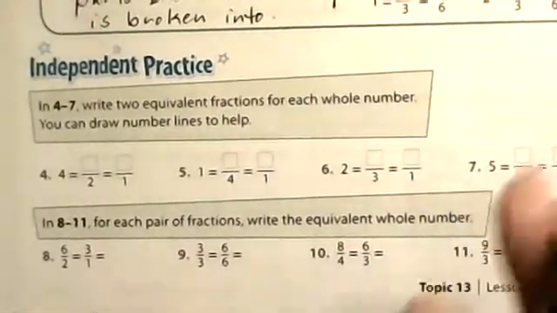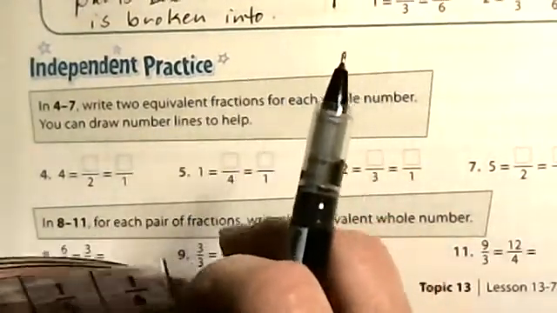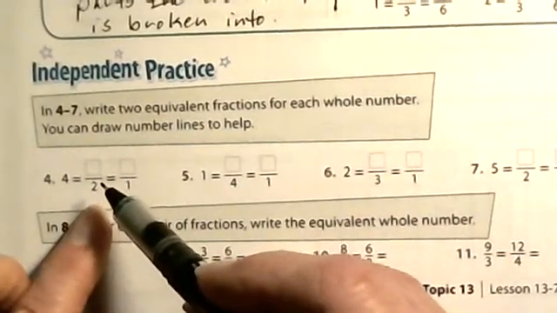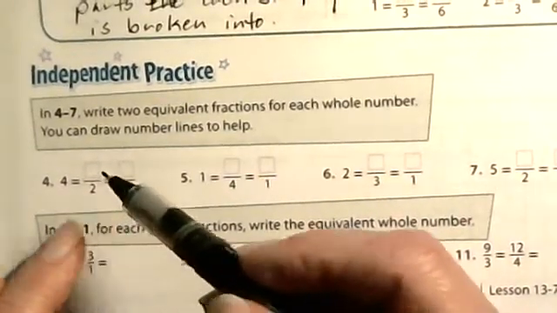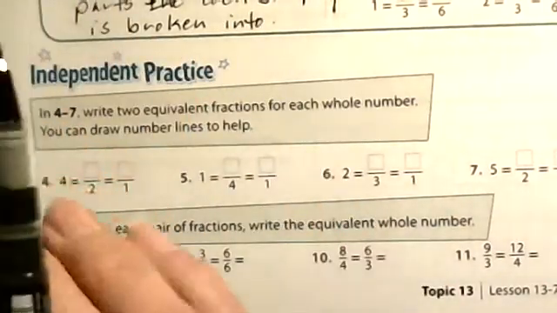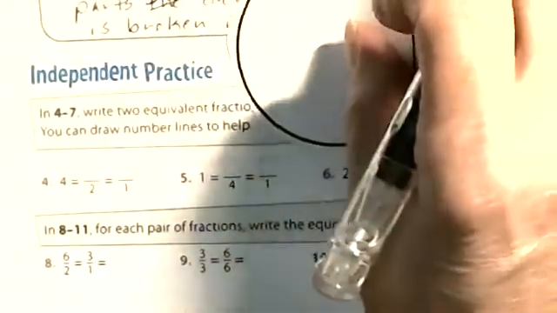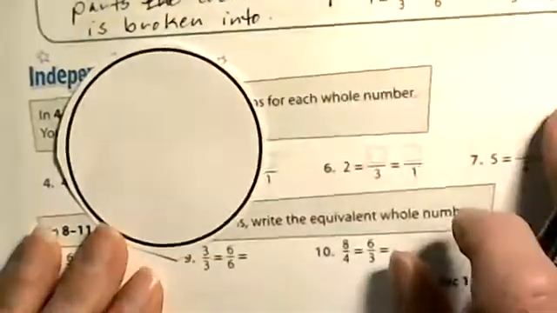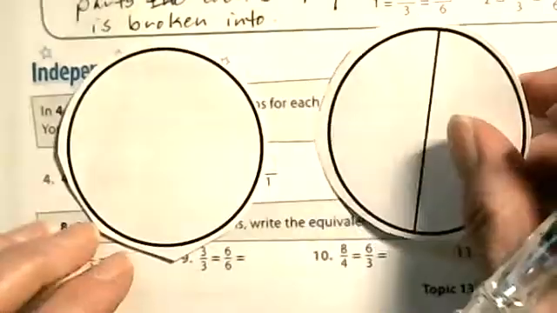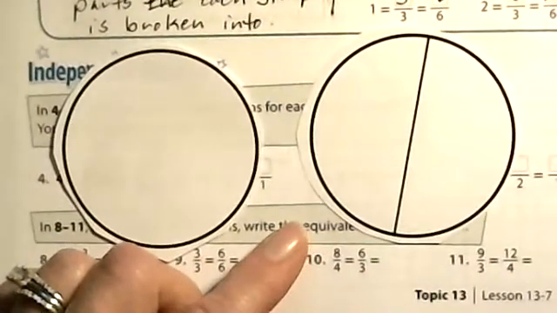There we go. Okay. They're asking if I had 4 holes, how many halves would I need to make 4 holes? Well, this time I'm going to use one of these circles. This is 1 hole, right? And there's 2 halves in 1 hole.